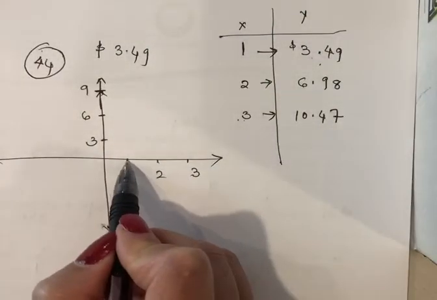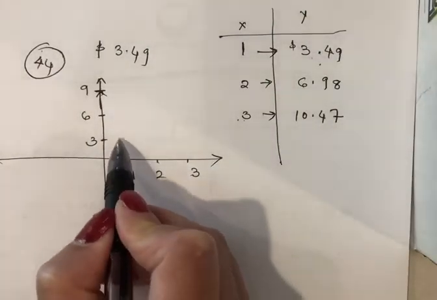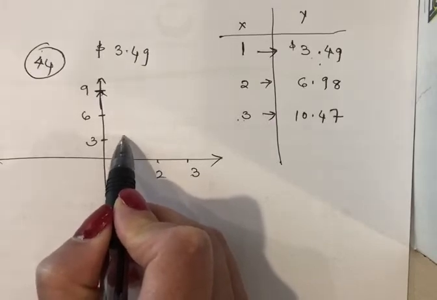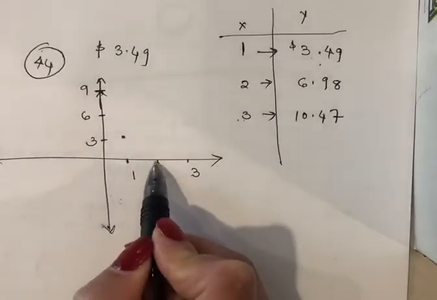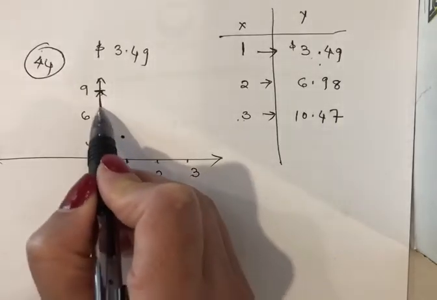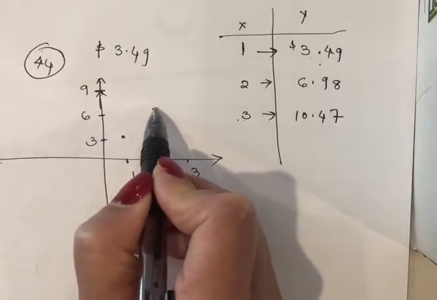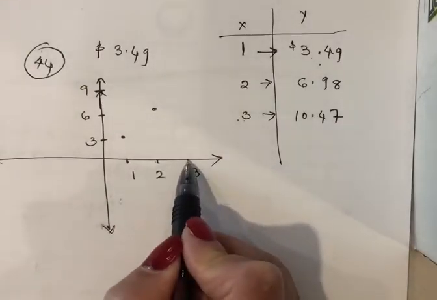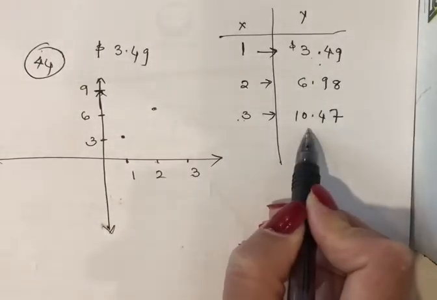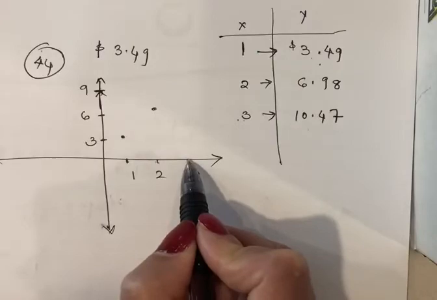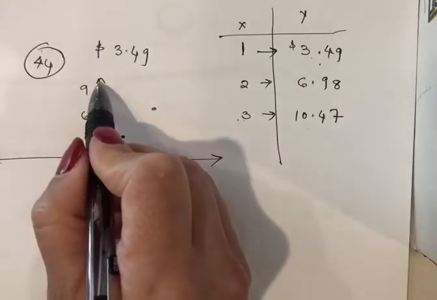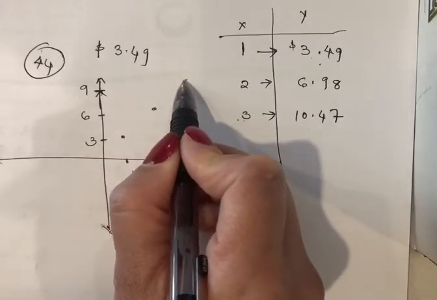So when you're buying 1 coffee, you would pay a little over 3. For 2 coffees, you're going to pay almost $7, so 6, 7. So you are going to be here. And for 3 coffees, you're paying $10.47. So 9, 10. So let's say we are somewhere here.